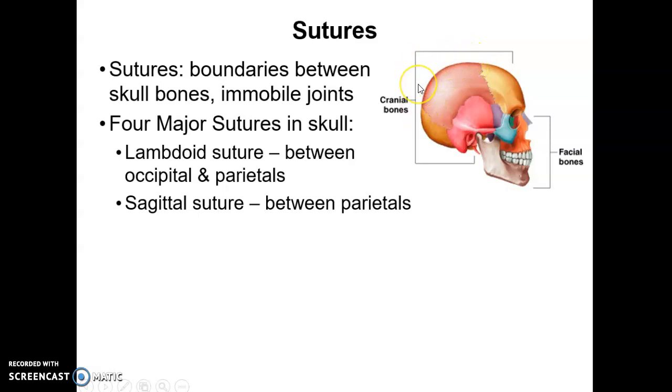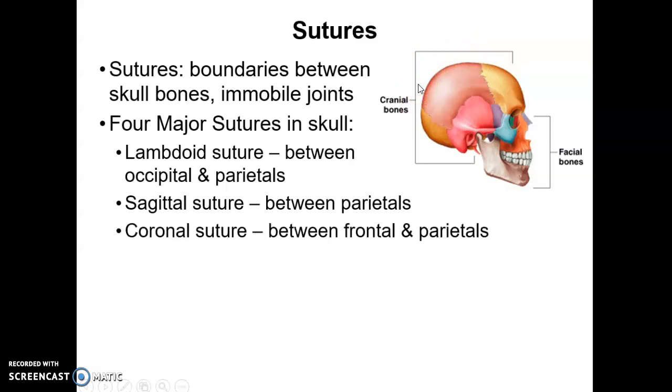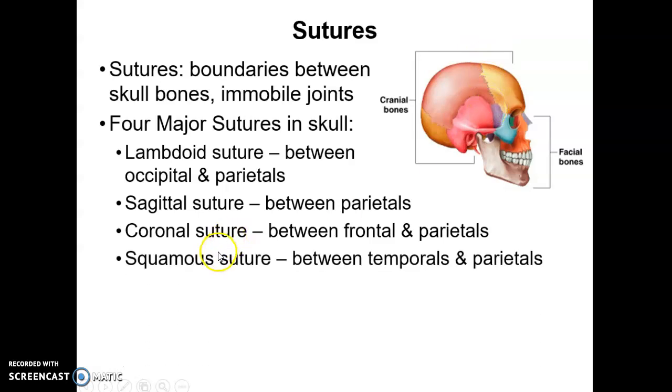We can't see it from this view. The coronal suture here is between the frontal and the parietals. Remember the coronal planar section, straight up and down here. And then the squamous suture is between the temporal and the parietals, and that's that suture there. So those are the 4 you need to know for the skull.